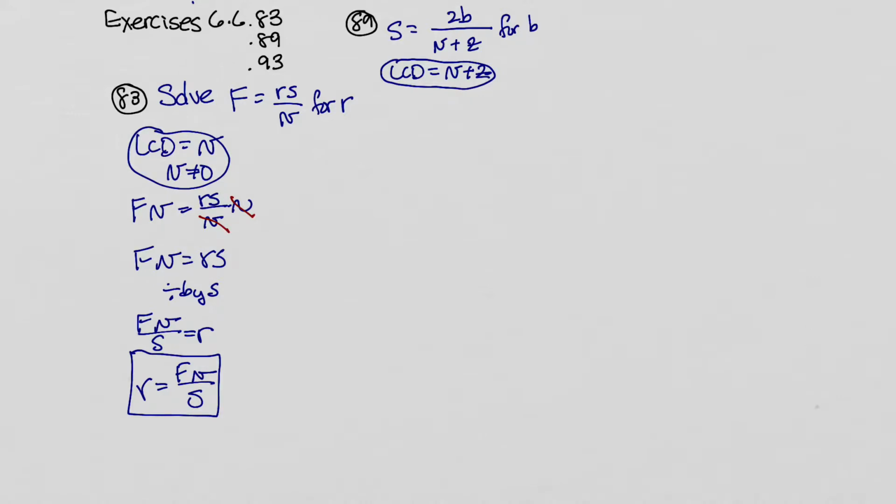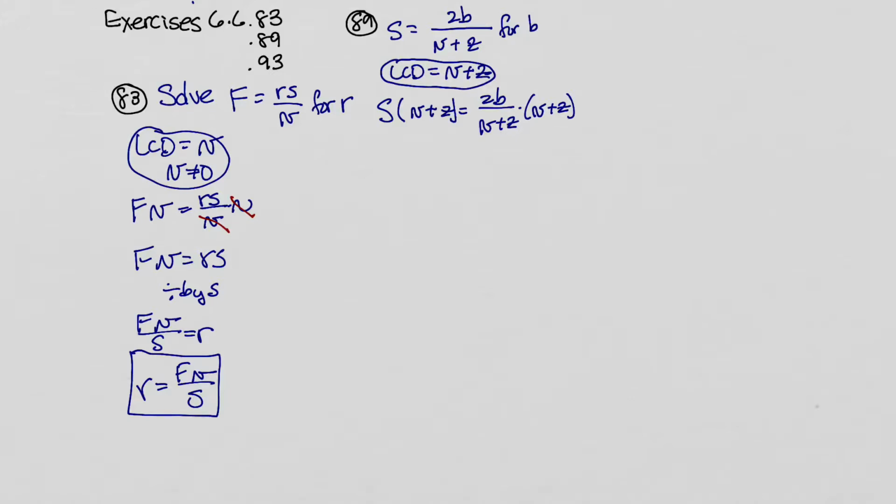And now, of course, we write the LCD right next to the original. So I'll write it here, and I'll write it here. And because there's more than one term, I'm going to use parentheses, right? Parentheses to capture all of it. So it's going to look like this. S times v plus z is equal to 2b over v plus z times that v plus z.